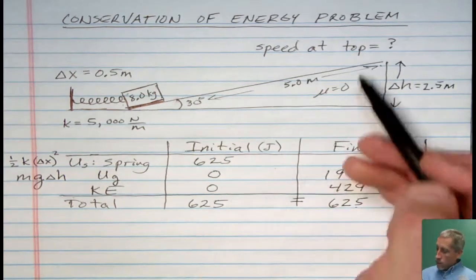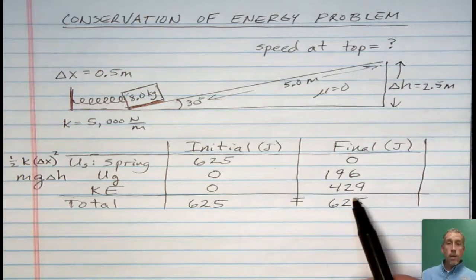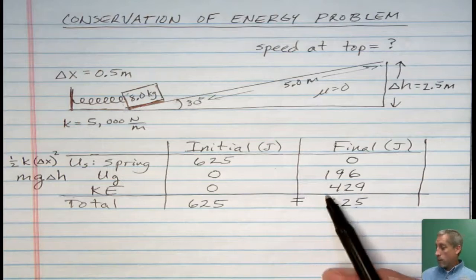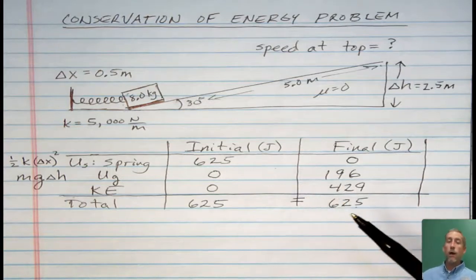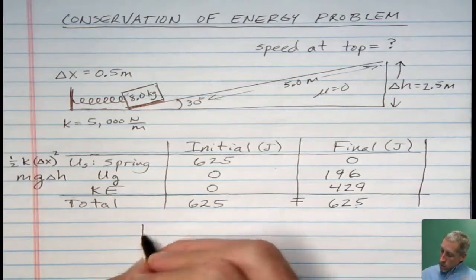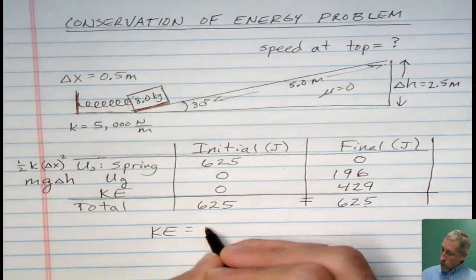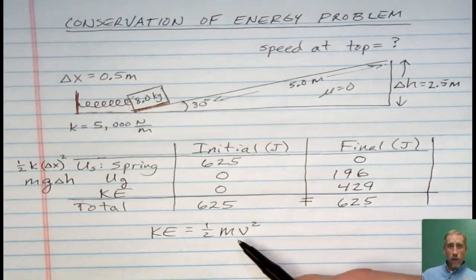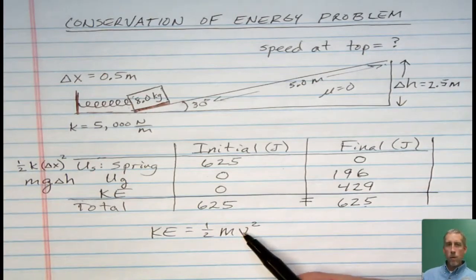So if we're asked for the speed, that's the magic number that we need, because kinetic energy is what determines, or will help us determine what the speed is. Really the other way around, the speed determines the kinetic energy. We're just kind of working in the other direction. So here's my equation for kinetic energy and how it relates to speed. Now we write v for velocity, but really we're just talking about the speed, because we don't need any direction information when we do this.